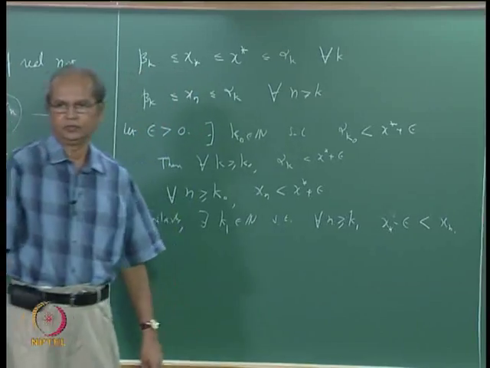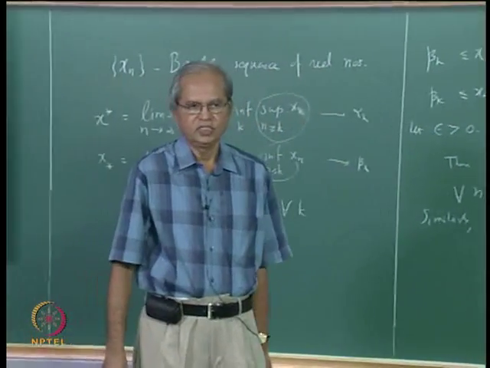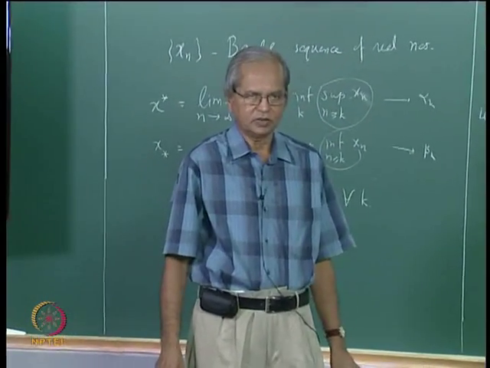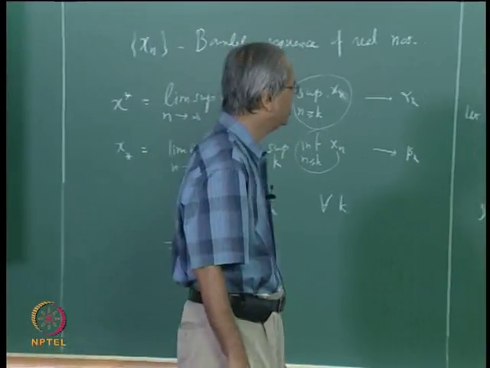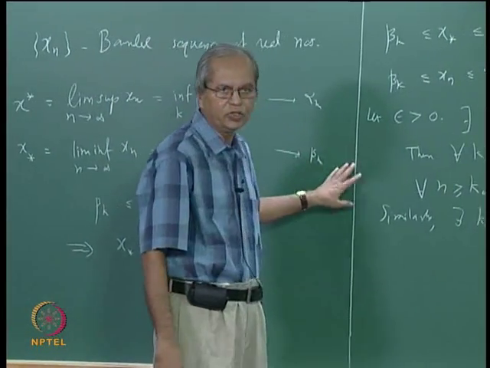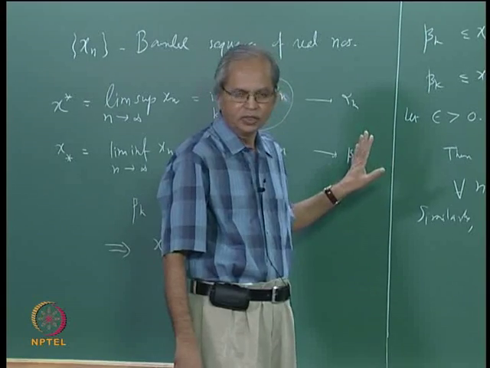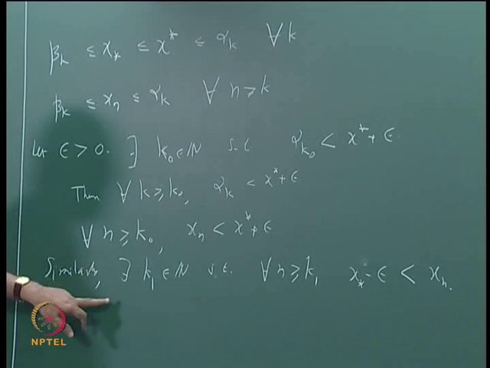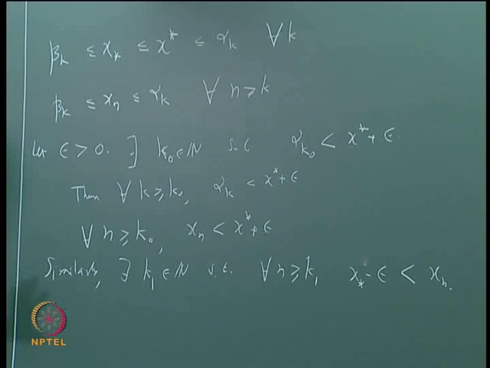Suppose x star equals x subscript star, suppose limit superior is equal to limit inferior, and suppose we call the common value x. Then this argument shows that we can always find a number n0 such that whenever n is bigger than or equal to n0, xn lies between x minus epsilon and x plus epsilon. In other words, the sequence converges. So what did we show?